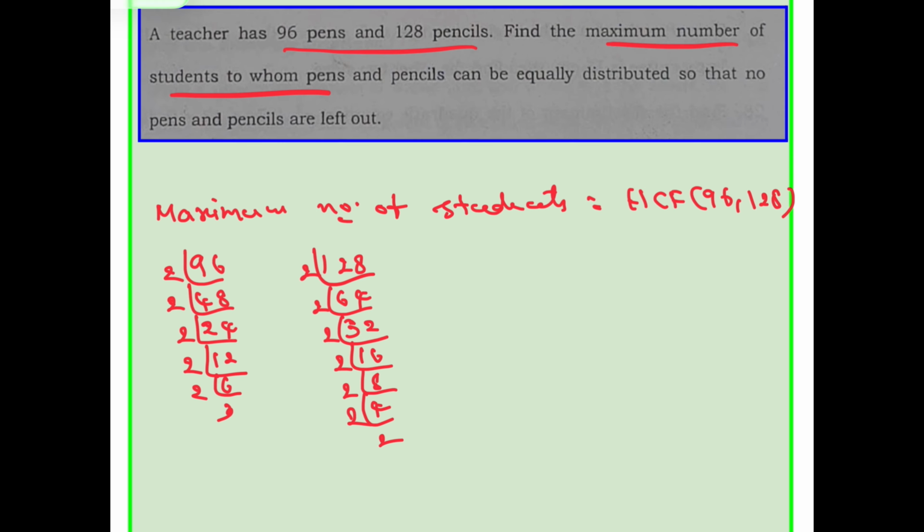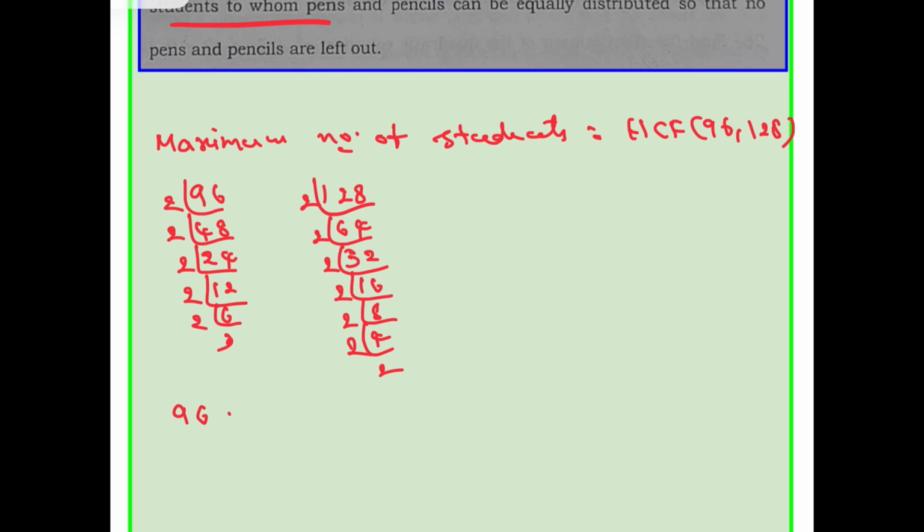The 96 can be written as 2 power 5 into 3. 128 can be written as 2 power 7.